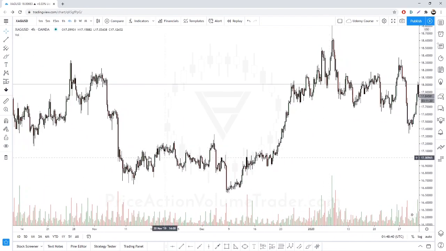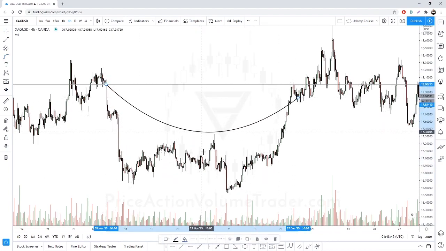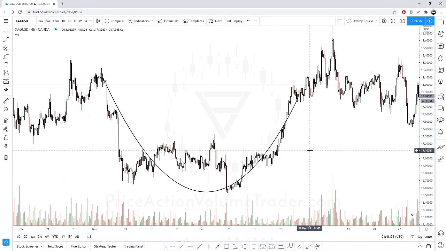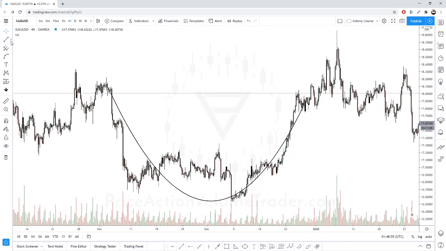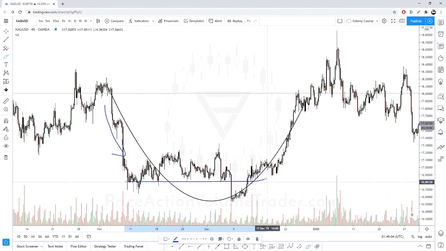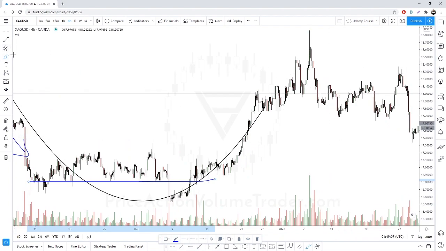So as you can see in this example, we don't have a perfectly curved cup, but basically you get the idea, where we have a downward move in price, we have price consolidation over here, we start going up, and then right here at the edge we have this wedge sort of pattern forming.